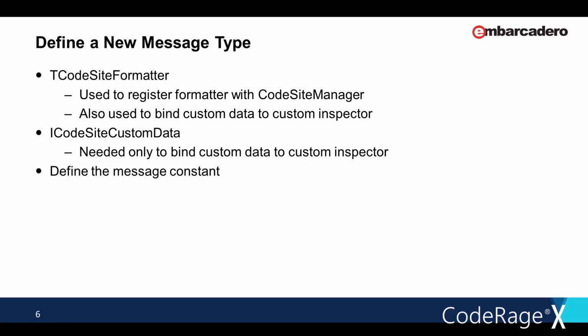And that would be a case where you would need to define a new message type to bind to that custom inspector. And that would also be true in the interface implementation if you needed to do that. And then, of course, if you need to have a constant for that, you have to define the message constant. And usually that's in the unit that defines your formatter.